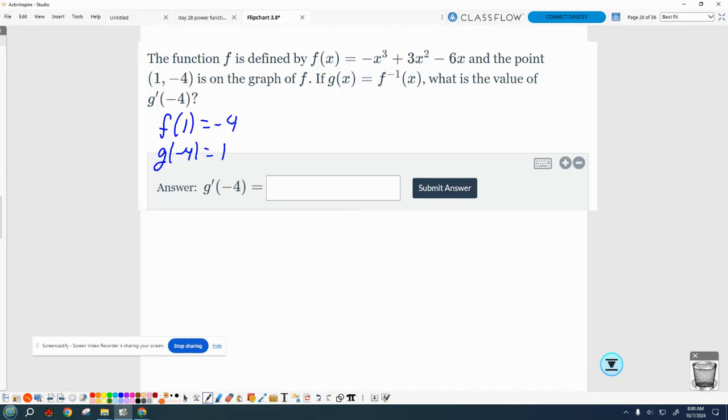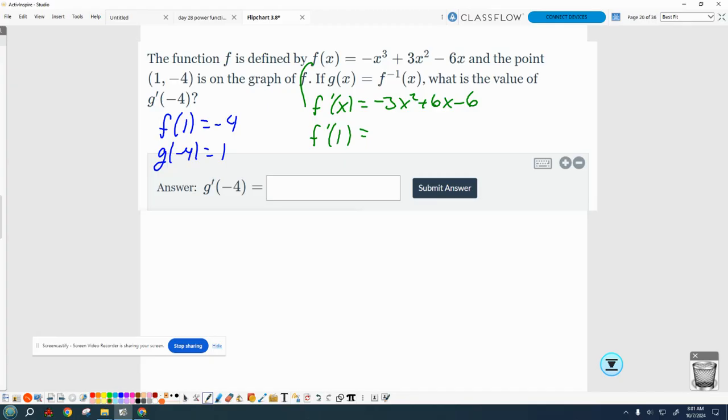Jason, what do I need to do to figure this out? You need to take the derivative. Okay, so what is f prime? Negative 3x squared plus 6x squared 6. Cameron, where do I need the slope of my original function? What x value? At 1.